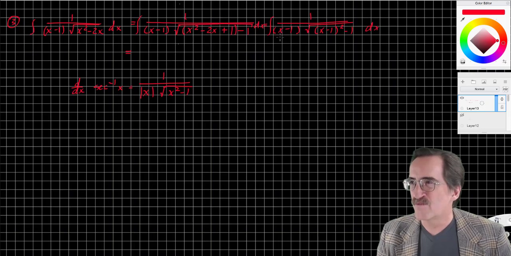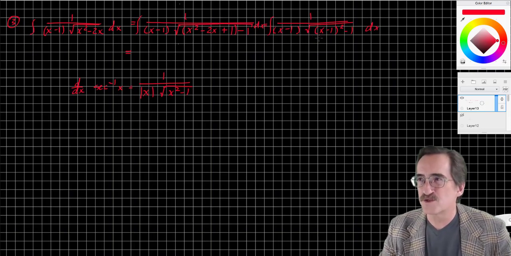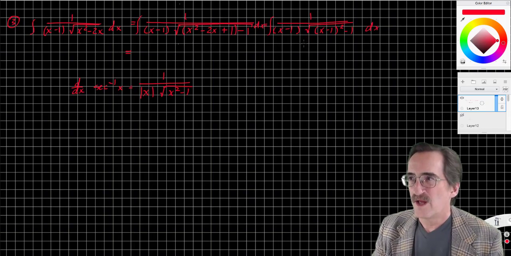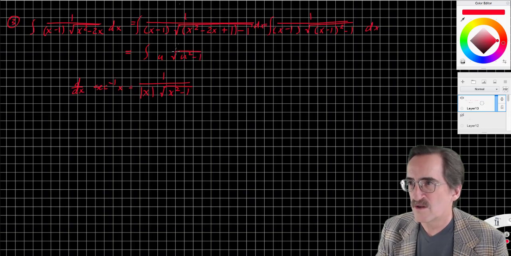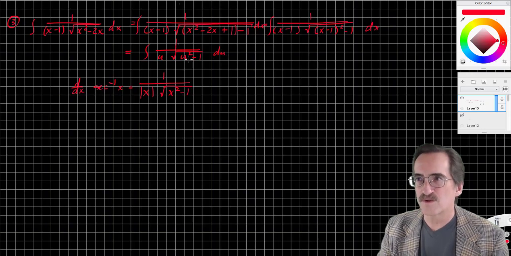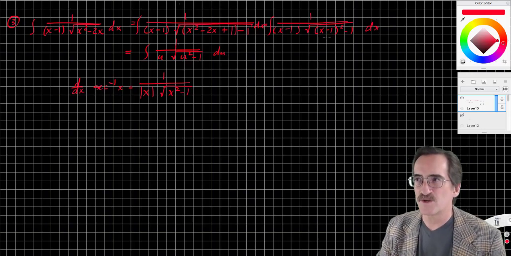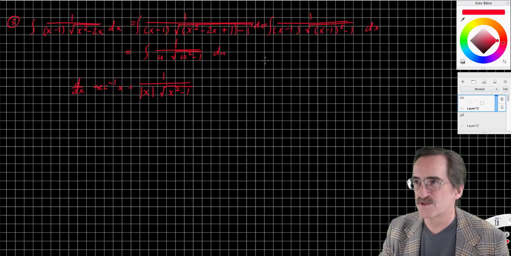So now I can use u substitution. Let u equal x minus 1, right? And this becomes the integral of 1 over u times the square root of u squared minus 1, du. Since the derivative of x minus 1 is 1 dx, du equals dx.